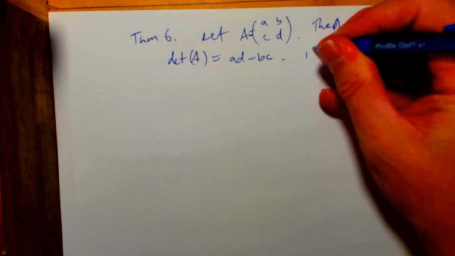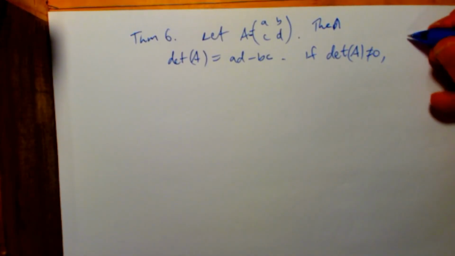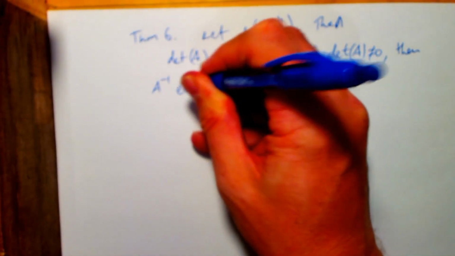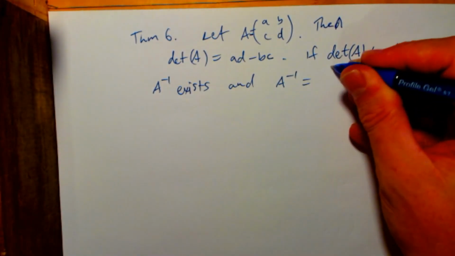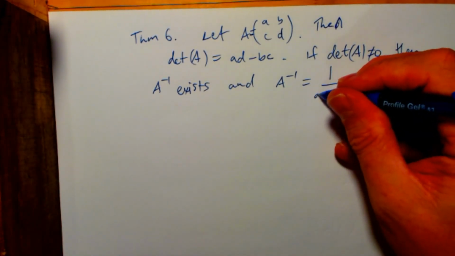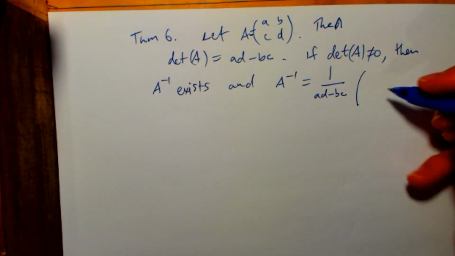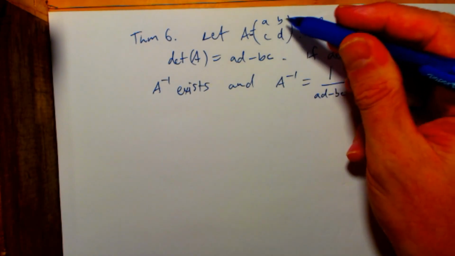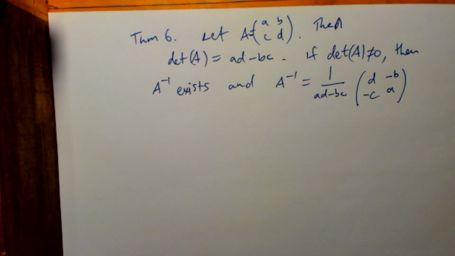And if det of A is non-zero, then A inverse exists and is given by 1 on the determinant, so that's AD minus BC, multiplied by the matrix obtained by swapping the diagonal elements and putting minus signs in front of the other elements, or D, minus B, minus C, A.